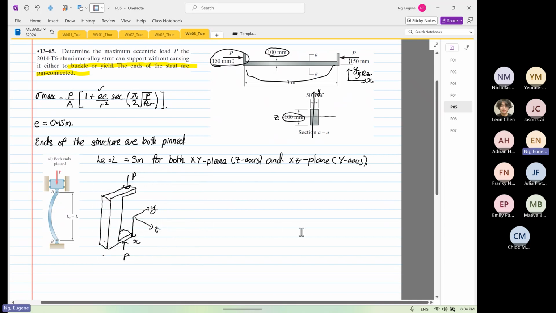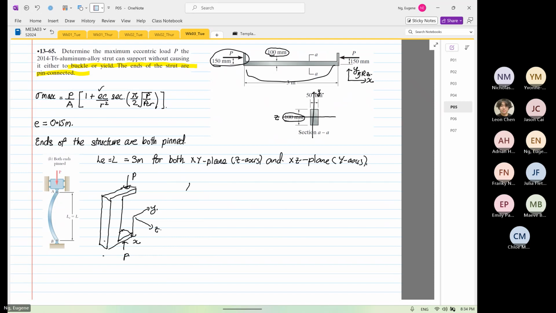So we are going to look at our XY plane. If we look at XY plane, is buckling about Z axis, right? So if we were to sketch now, this is our X, this is our Y, and this is rotation about Z. This is how the structure will look like.